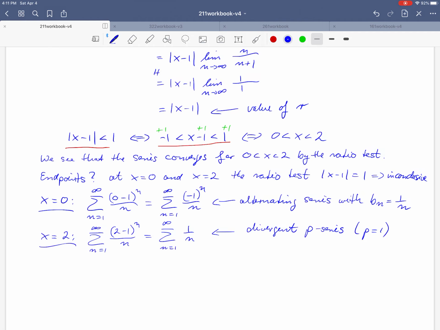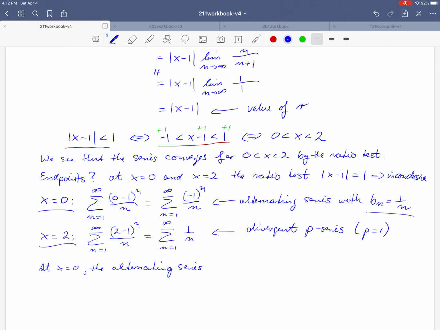So at x equals 0, we had an alternating series. Does it converge by the alternating series test? Well, let's check real quick. We need bn to go to 0, which it does. And we need bn plus 1 to be less than bn, so 1 over n plus 1 is less than 1 over n.